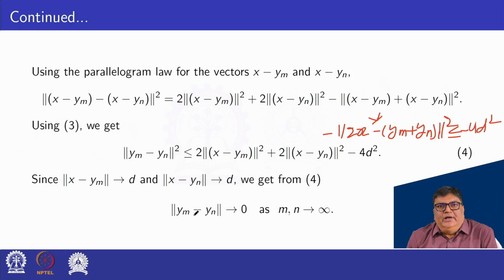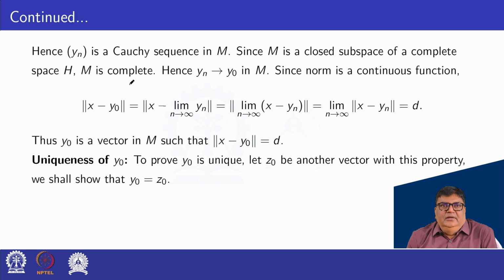So norm of ym−yn tends to 0 as m, n tend to infinity. Hence yn is a Cauchy sequence in M. Since M is a closed subspace of the complete space H, M is complete, hence yn converges to y0 in M.